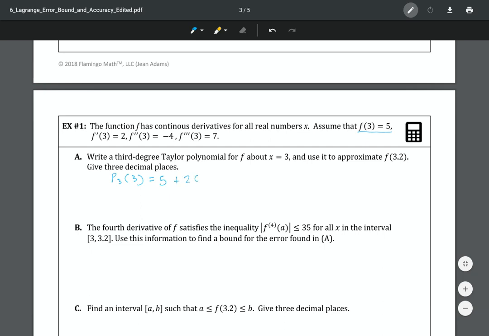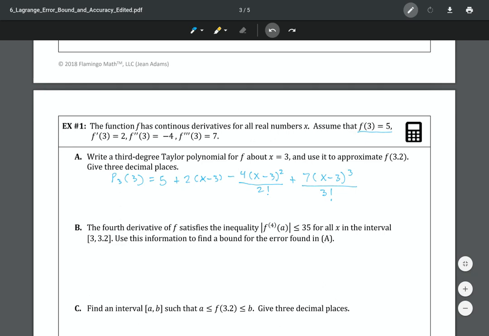This is basically 2(x minus 3) to the first power over 1 factorial, and then minus 4(x minus 3) squared over 2 factorial. You can look up the formula for the Taylor series if you don't remember it. I'm going to stop there because they just want a third-degree polynomial.